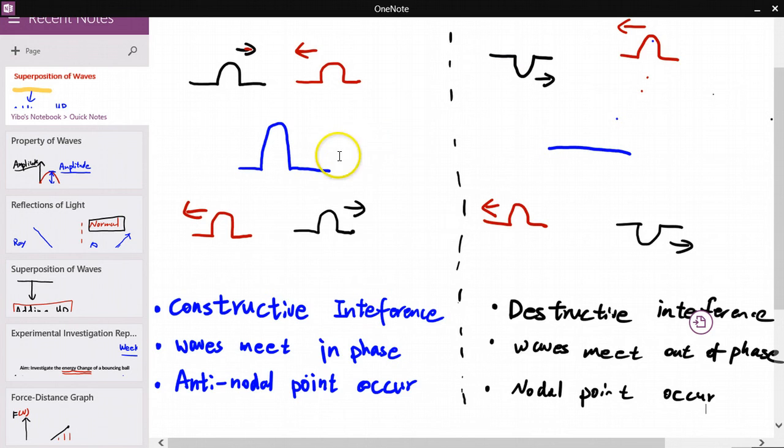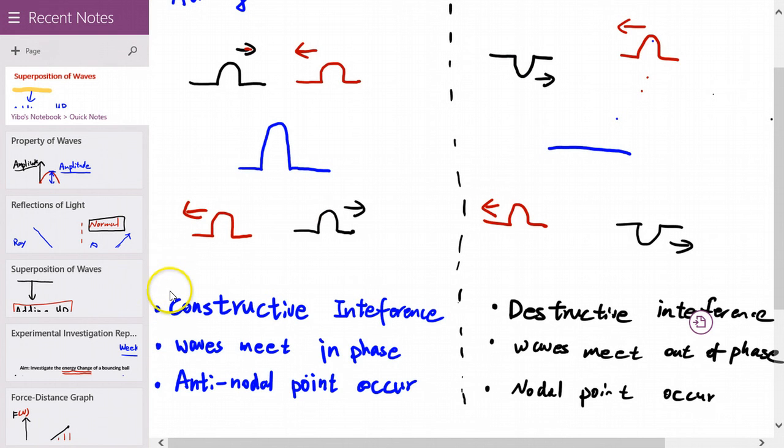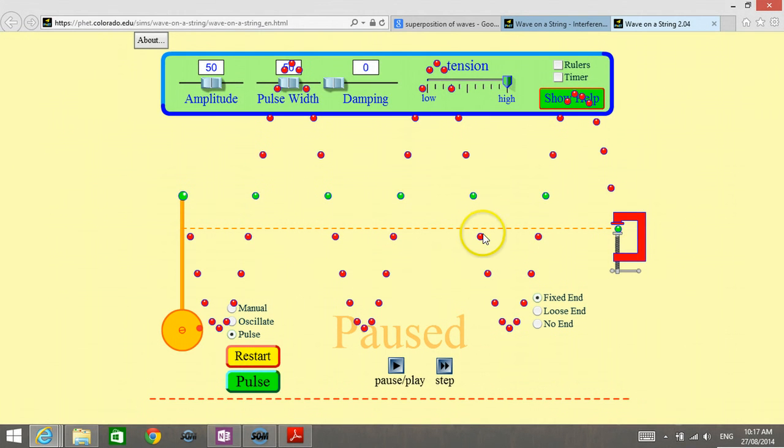Now again, an important thing is to memorize those terms, because at the end of the exam, the examiner will ask you to explain. They will show you something like this and ask why someone at this point hears no sound.